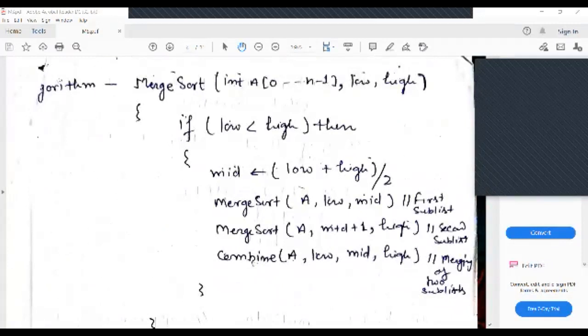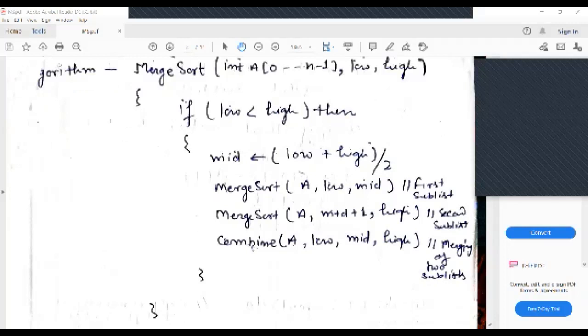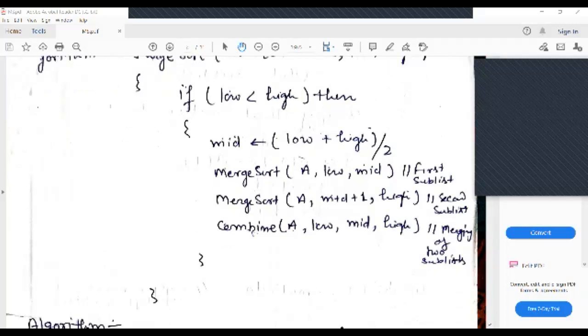The name of the algorithm is merge sort, and you are passing the array, from 0 to n-1, along with low and high. Low is the starting index of the array and high is the last index of the array element. Now, if low is less than high, then only do these things.